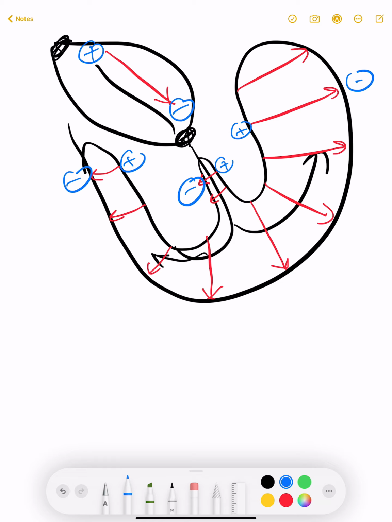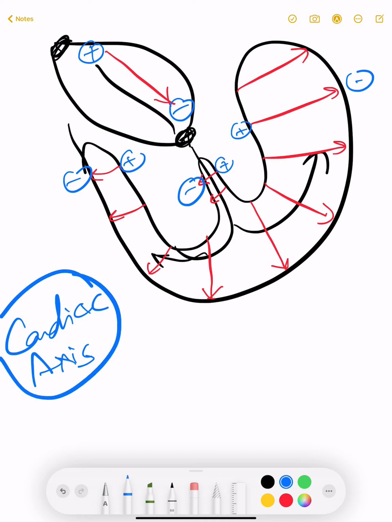When we add all of these currents, the final vector we get will be our cardiac axis. That cardiac axis shows the overall cumulative effect of all the currents flowing in our heart, and that single axis represents all of them. So that will be basically the addition of A plus B plus C, D, E, F, everything. Let's add all of these together.